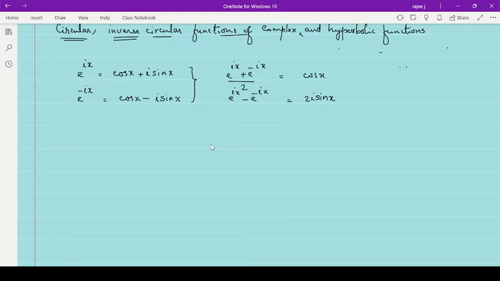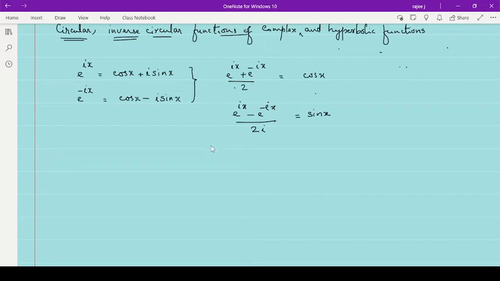If we take this 2i to the denominator, you will get e raised to ix minus e raised to minus ix divided by 2i is equal to sin x. This is sin x. So these two formulas you need to note.